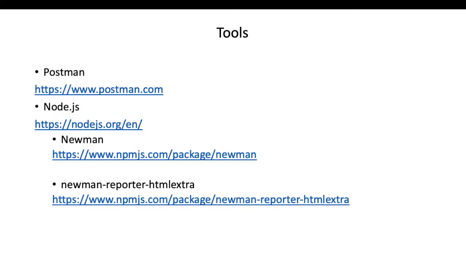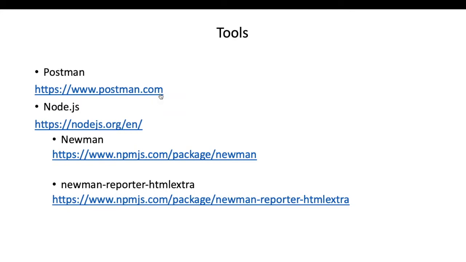In order to do the stress testing in this video, I'm going to use different types of tools, and probably you know Postman, one of the common tools used for testing APIs or testing any kind of client server messaging.